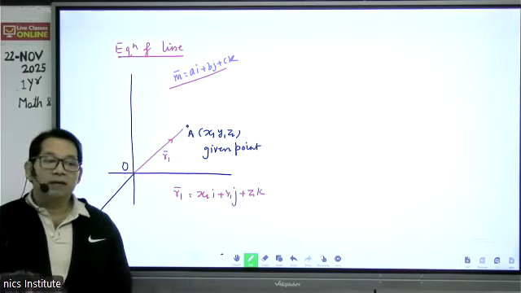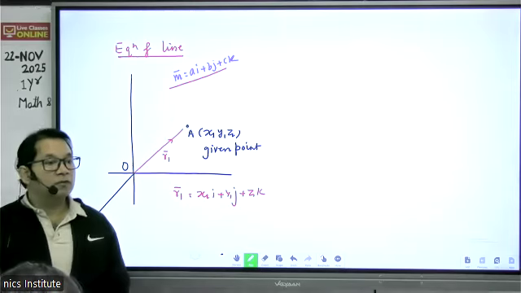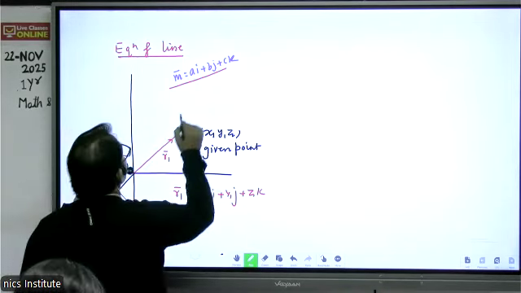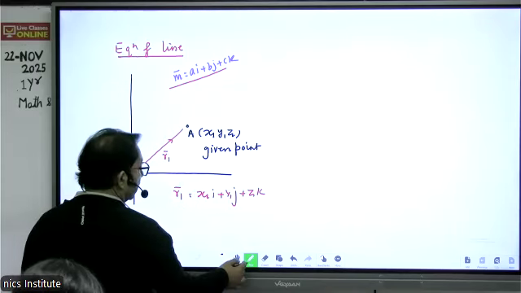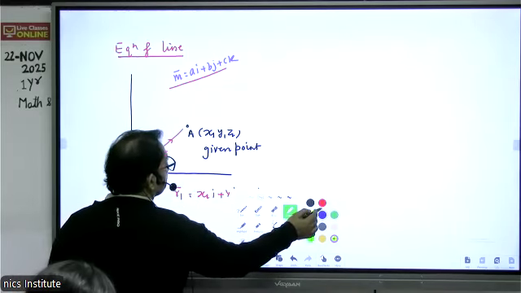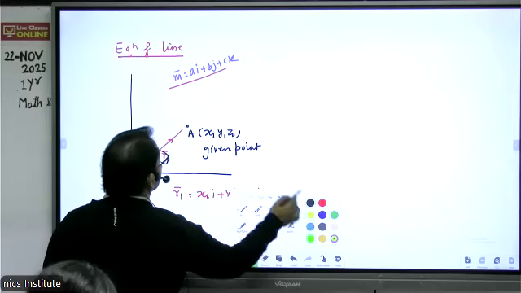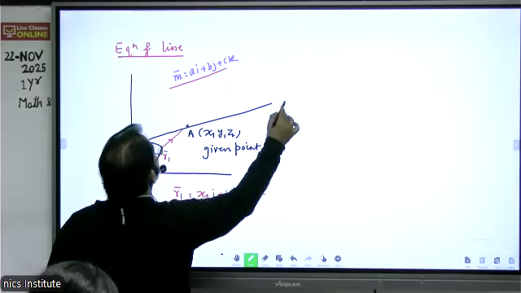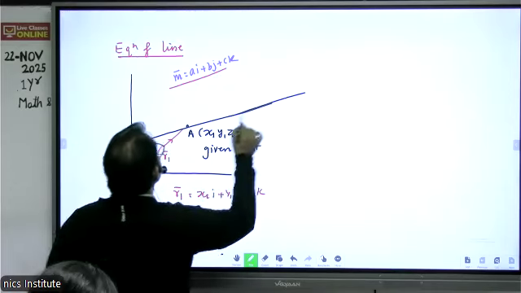So it'll be a unique line which passes through the point A and is parallel to this. Only one line would be there which is parallel to this and passing through it.